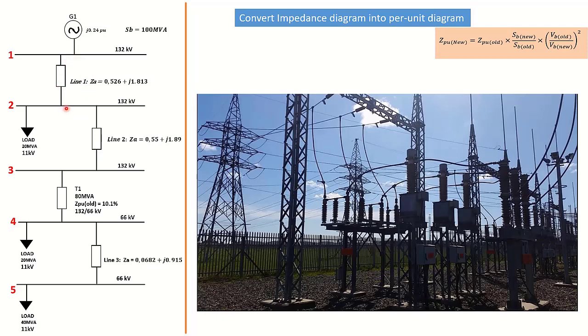Then we have a first line, which is a transmission line, a cable. We took the parameters of the cable and converted it into an impedance. Then we have a second bus bar, another line, and a third bus bar. Then there is a transformer here that is transforming from the higher potential to a lower potential, from 132 kilovolt to 66 kilovolt.